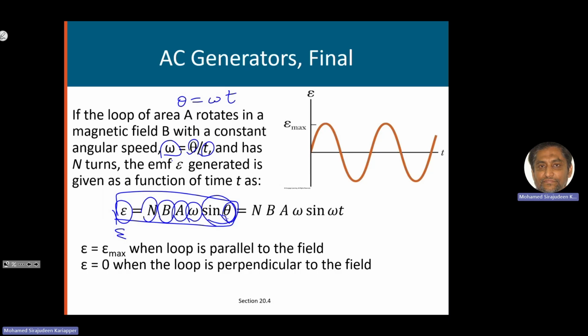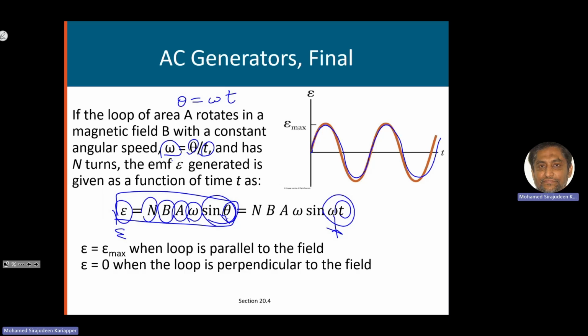So theta can be substituted in terms of the angular velocity of the coil and the time. You can start with theta equal to 0, start the time at 0, then this equation will give you the EMF. You can see it's a sine curve, right? Sine curve is something like this. You have learned your math, right?